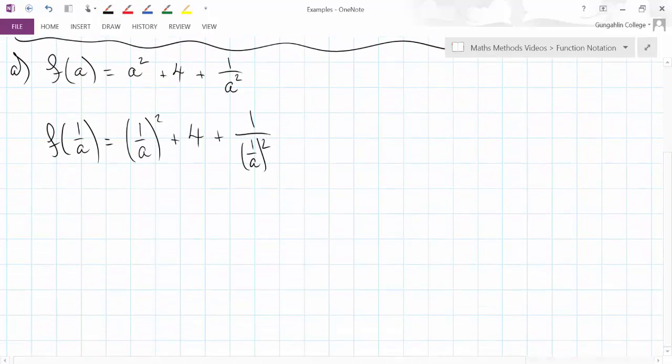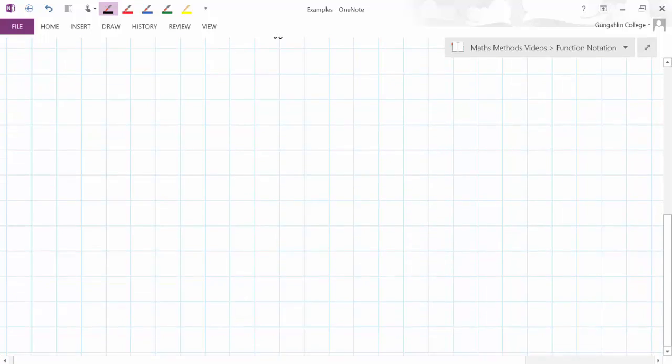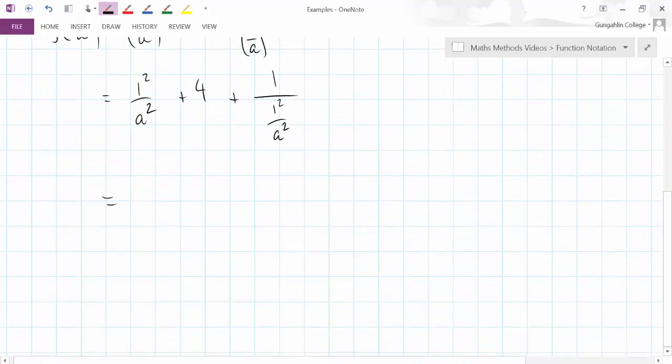Now I'm going to have to use my index laws here. 1 on a all squared is the same as 1 squared on a squared. The 1 squareds are just 1, so I'm going to get 1 on a squared.